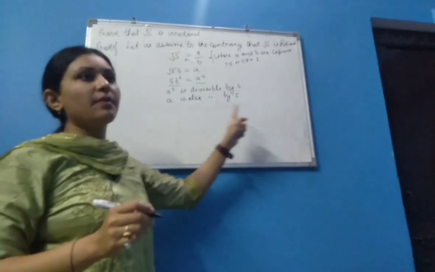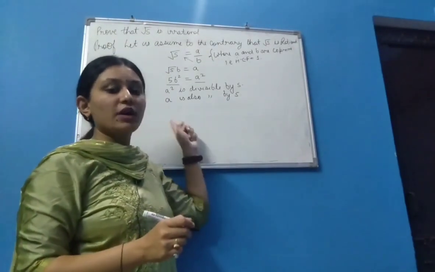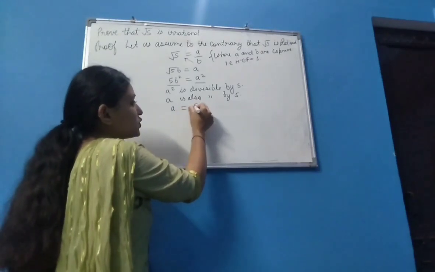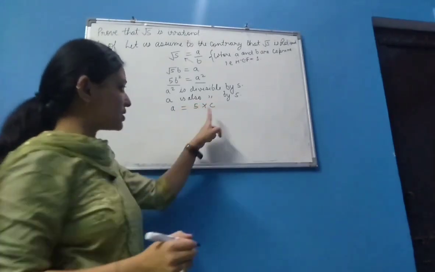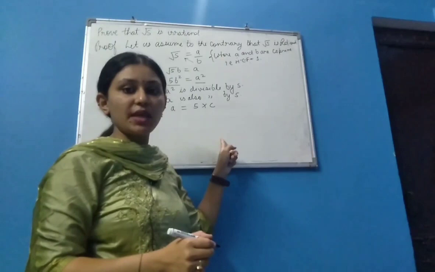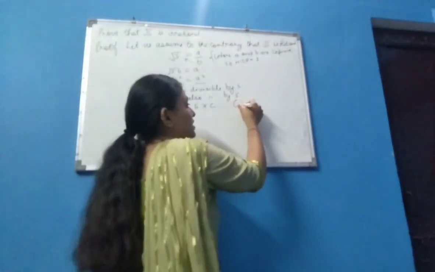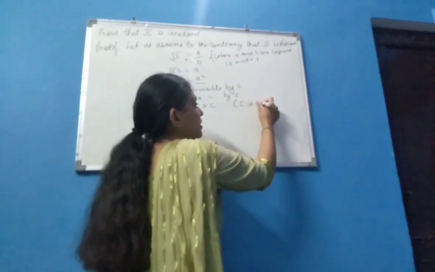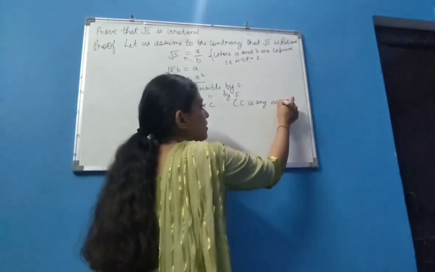If A is divisible by 5, अगर 5 A को divide कर रहा है तो हम A को ऐसे लिख सकते हैं, A is equal to 5 into C, where C is any integer, जहाँ पे C कोई integer है.